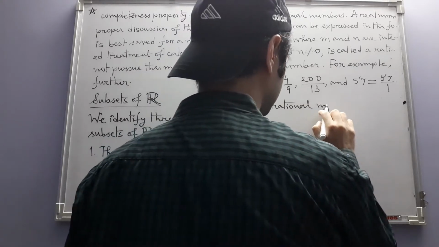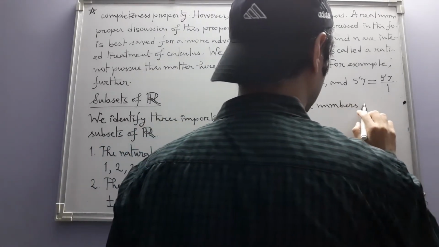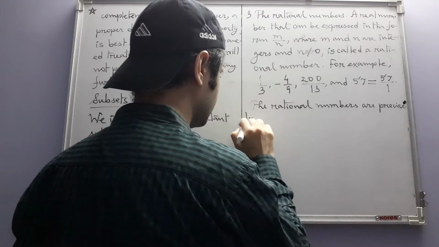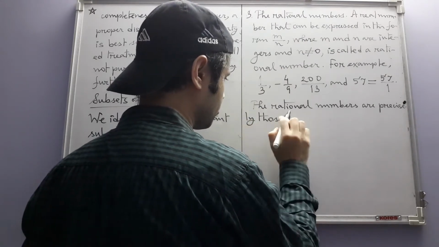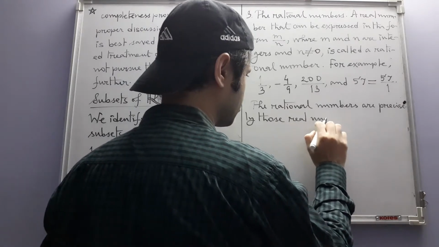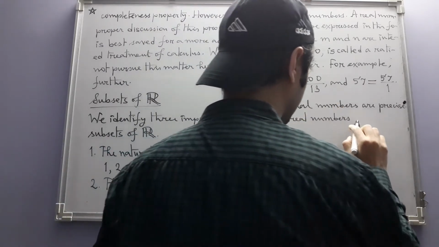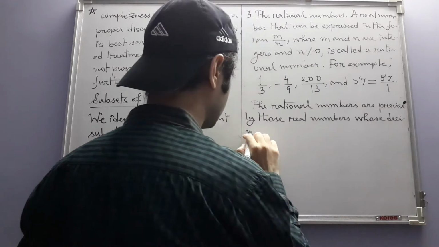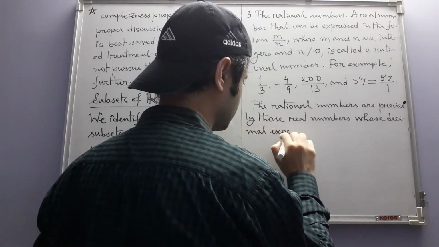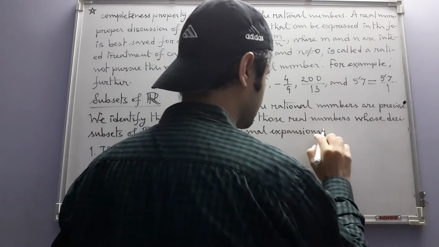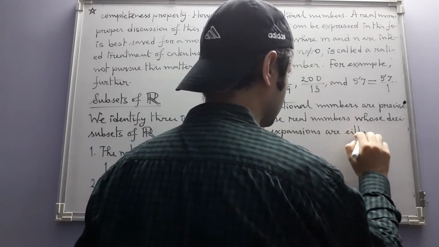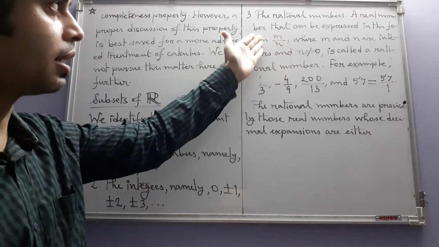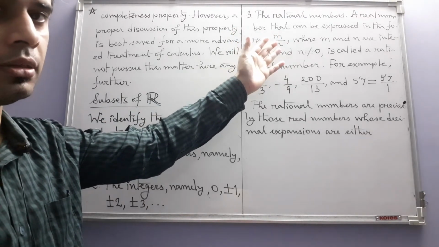The rational numbers are precisely those real numbers whose decimal expansions are... The definition involves this: if a real number can be written in this form, then it's called a rational number.